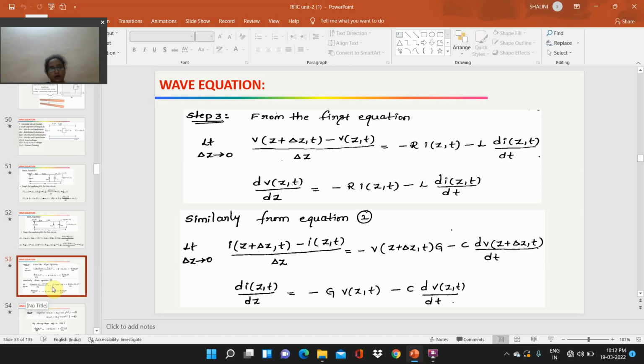Next, dV by dZ of Z comma T is equal to minus R I of Z comma T minus L di by dt of Z comma T. Similarly, from equation 2, taking the limit delta Z tends to 0, I of Z plus delta Z comma T minus I of Z comma T by delta Z is equal to minus V of Z plus delta Z comma T into G minus C into dV by dt of Z plus delta Z comma T. So we can write di by dZ of Z comma T is equal to minus G V of Z comma T minus C dV by dt of Z comma T.